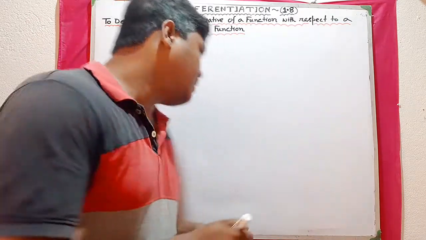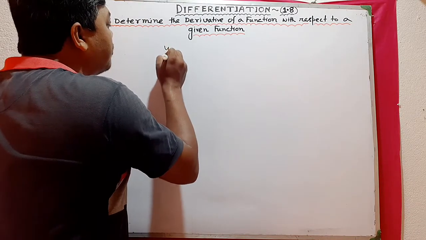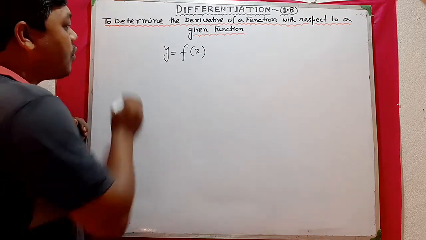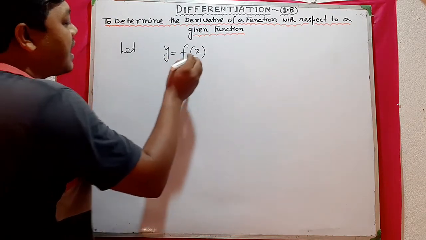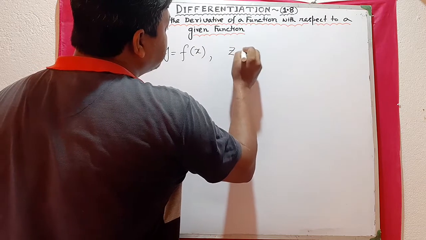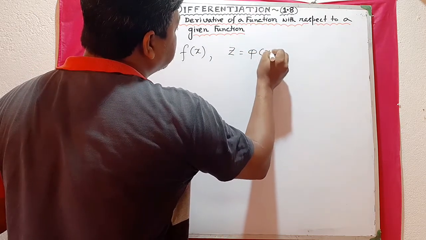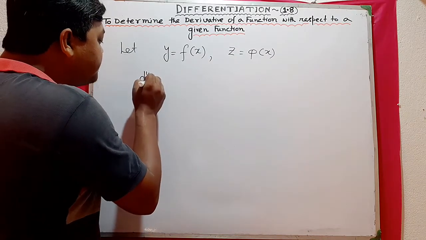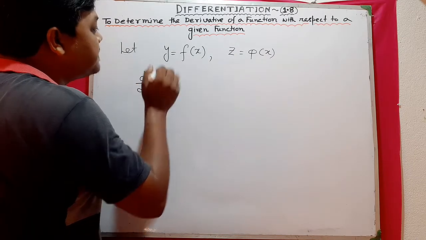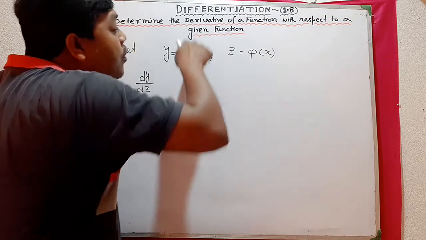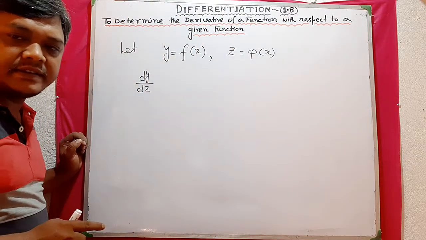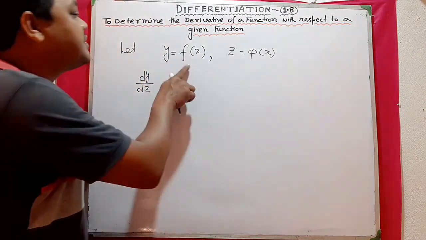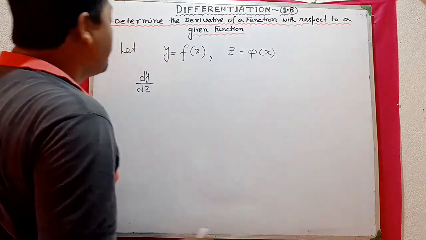So first let us assume that y equals f(x) is given to you, and z equals phi(x). Then how to find dy/dz, that means the derivative of f(x) with respect to phi(x).